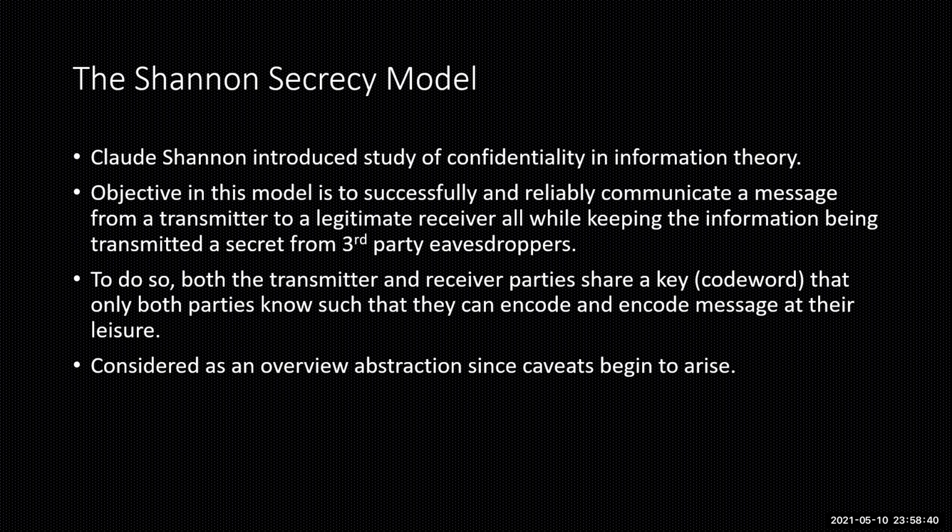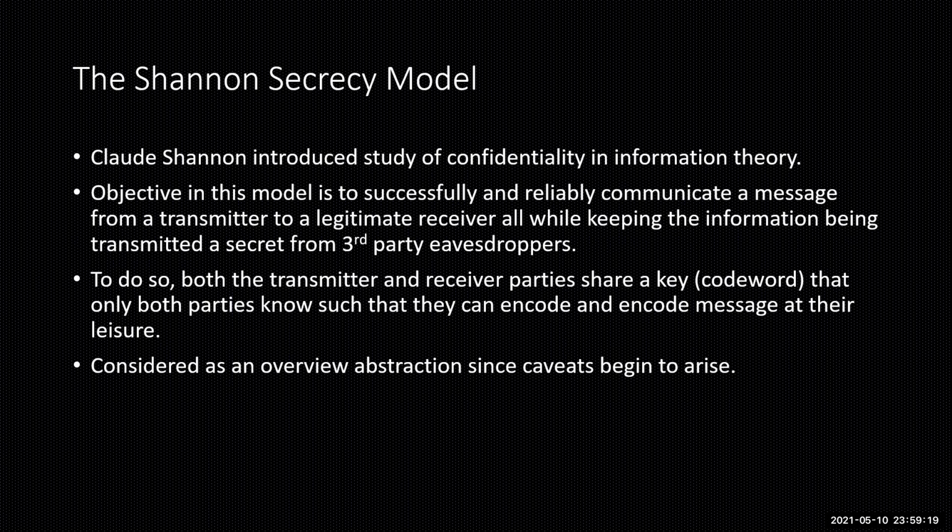The objective in his model was to successfully and reliably transmit and receive information or messages, all while having a third party eavesdropper not be able to attain that information that was being transmitted or received. To achieve this, both the transmitter and the receiver parties had a code word, a key that enabled them to decode and encode their messages at their leisure, at their free will.